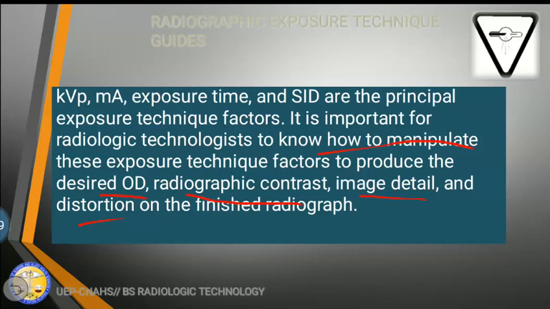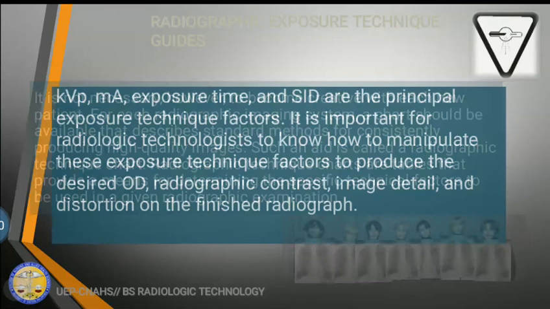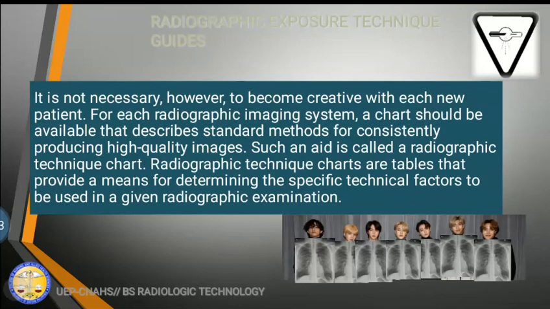It is not necessary, however, to become creative with each new patient. For each radiographic imaging system, a chart should be available that describes standard methods for consistently producing high-quality images. Such an aid is called a radiographic technique chart.